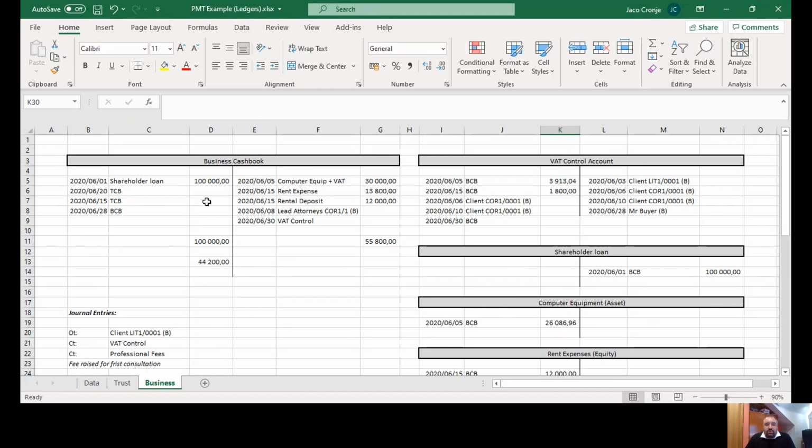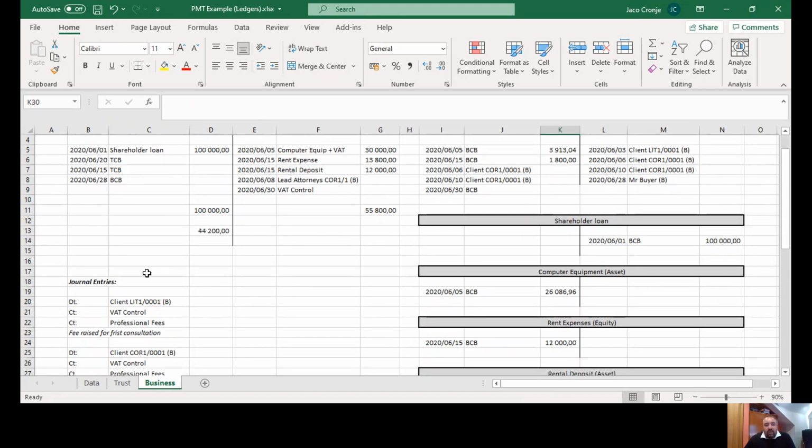But sadly, that is not the case. What is the case is I have to do a journal entry because there's no cash flow yet for that transaction, but there is a transaction because I've done the work. So I need to show that I've done work. I need to raise the fee, and I need to show that my client owes me the money for that fee.